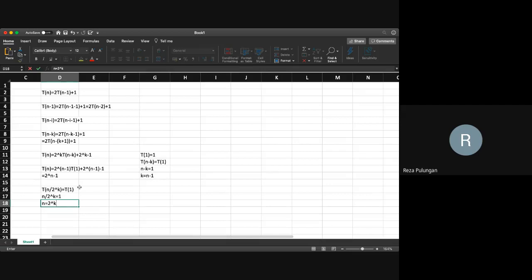Okay? So what is k then? K is equal to, well, the logarithm of n. What is the base of the logarithm? Well, the base is equal to 2. Yeah? So k is equal to the logarithm of n with base 2.